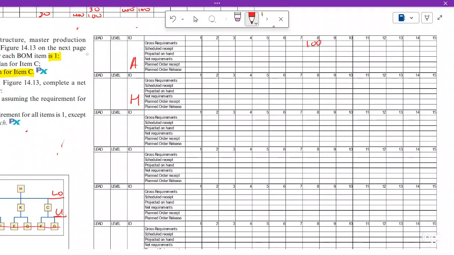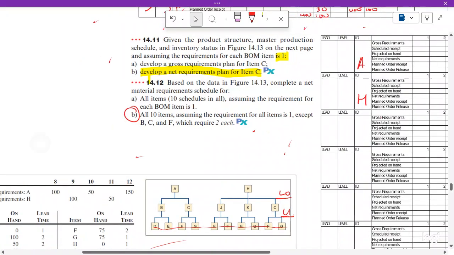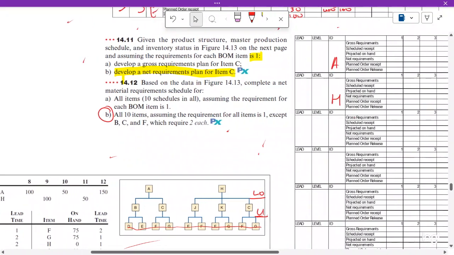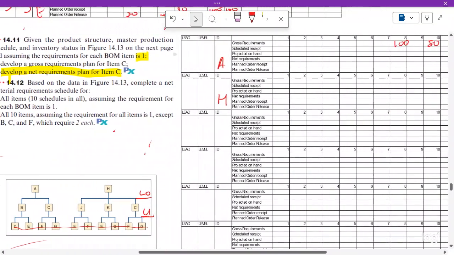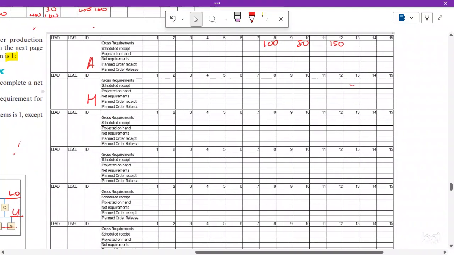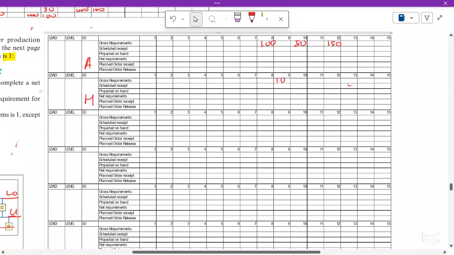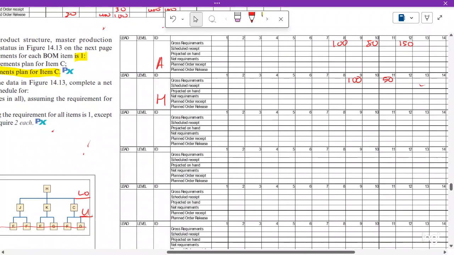And then H at 9, ne? 950 at 9. 100 and a 50.